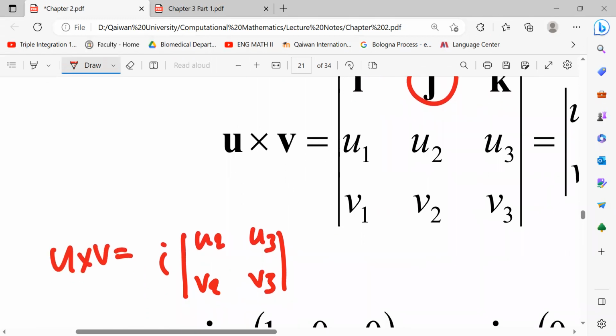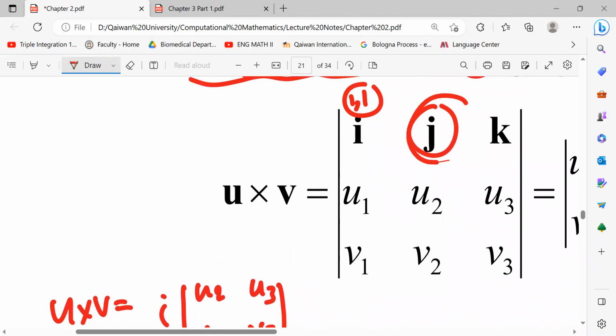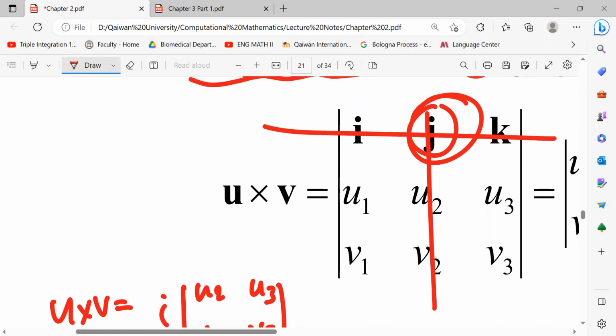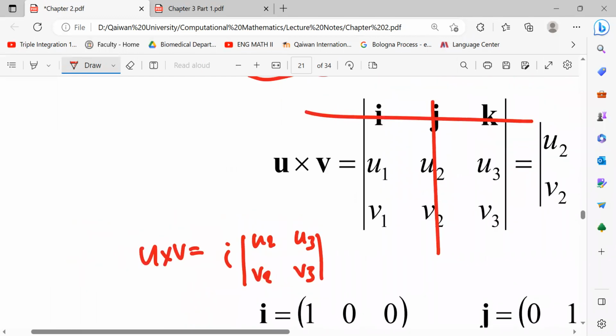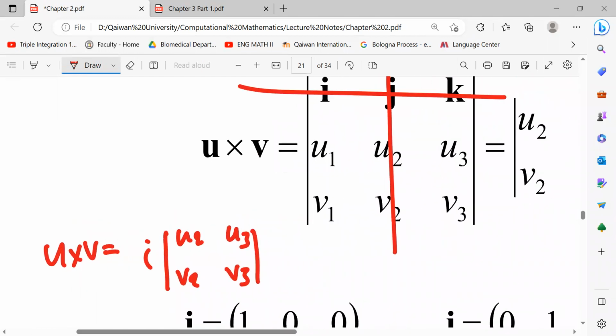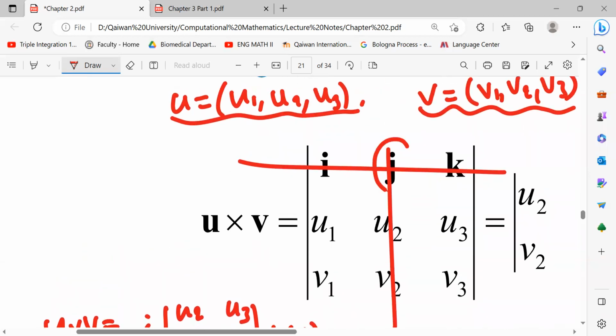Then, for the second one, we remove row 1 and column 2. What we get? But here we need to write down plus -1 to the power of the index of this entry.